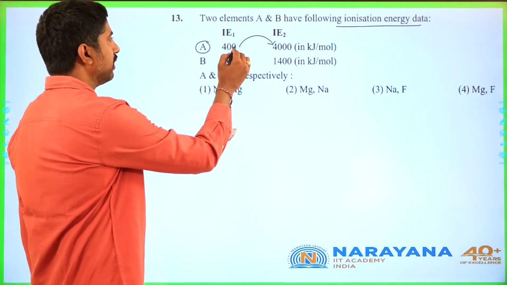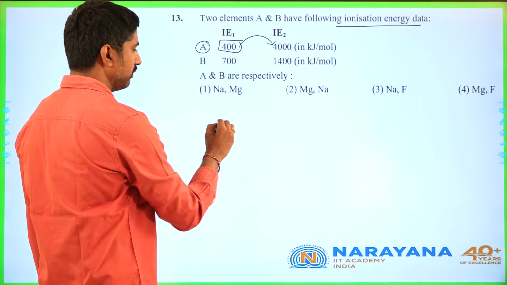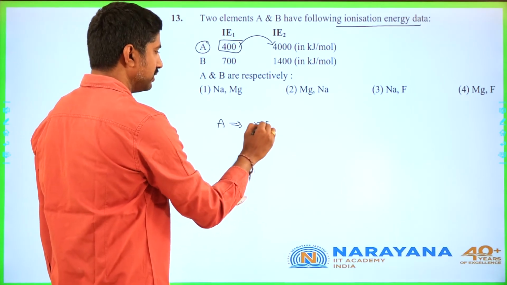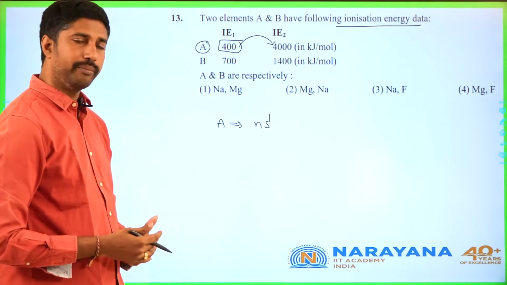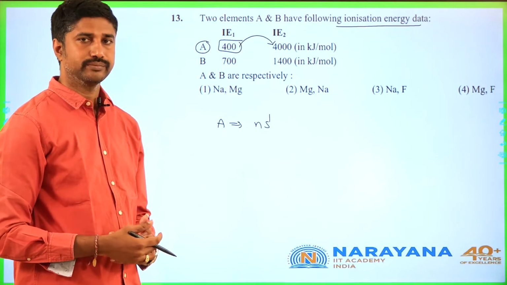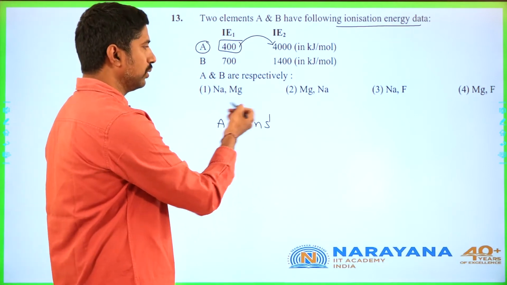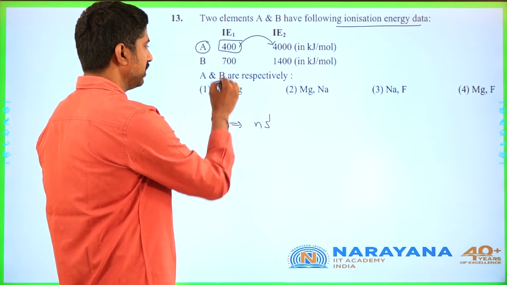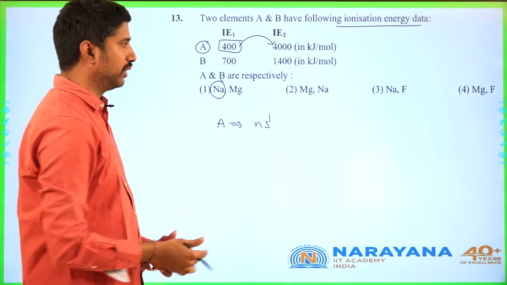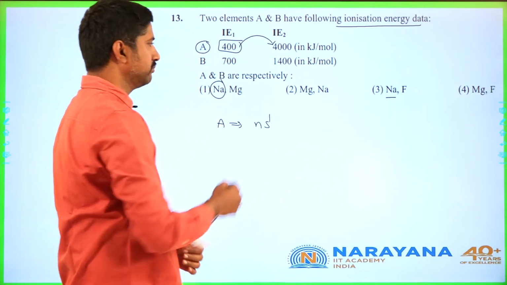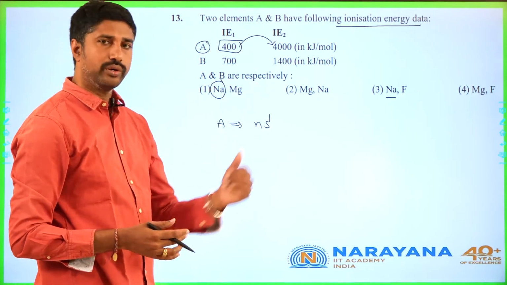So the valence electron configuration for A is ns1. It is nothing but a group 1 element, so A we can say is sodium. So we have sodium in the first option and the third option.